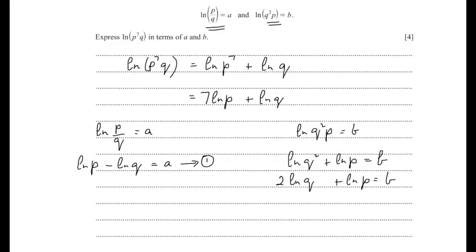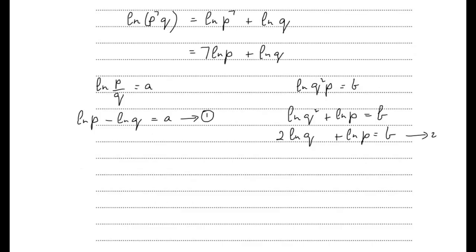So this is my second equation. Now I'm going to write my second equation here, and I'm going to stack them correctly. So log p plus 2 log q is equal to b. This is my second equation rewritten so that they stack up neatly.